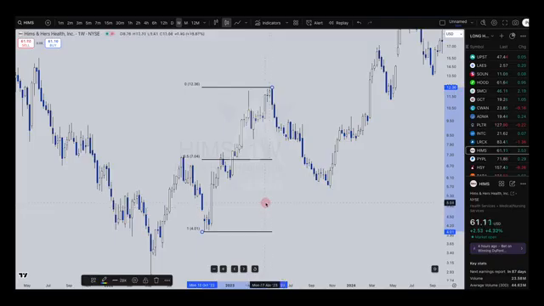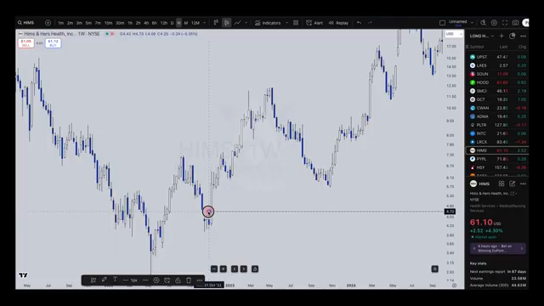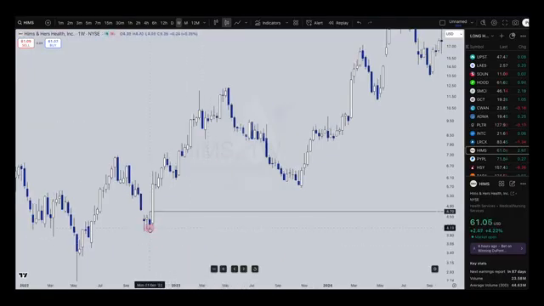Now, inside of this range, you remember I told you there are going to be liquidity pools. The first liquidity pool you can see here is a bullish order block, where you have this down close candle, and then preceded by an up close candle that trades above the high.